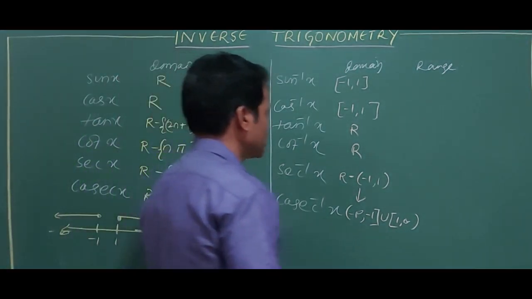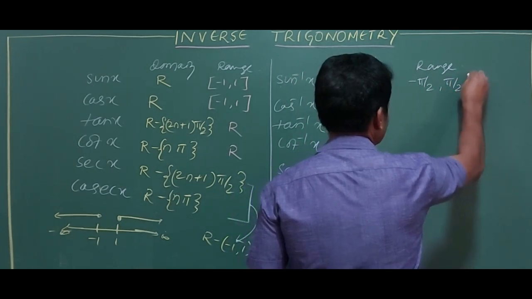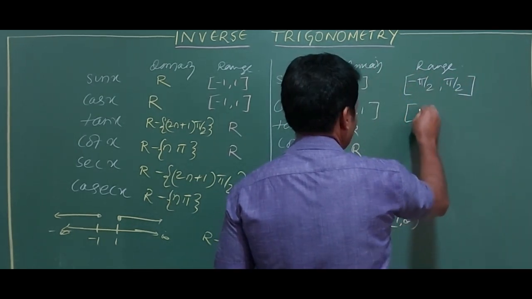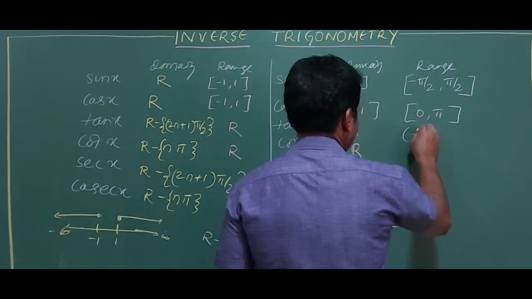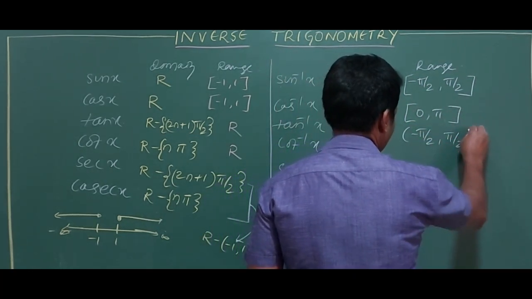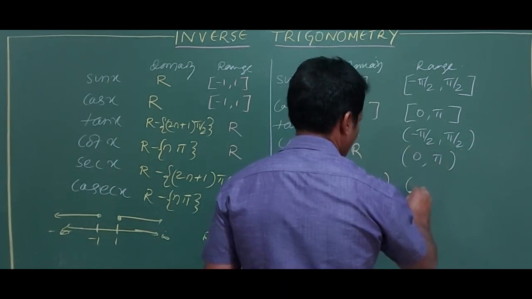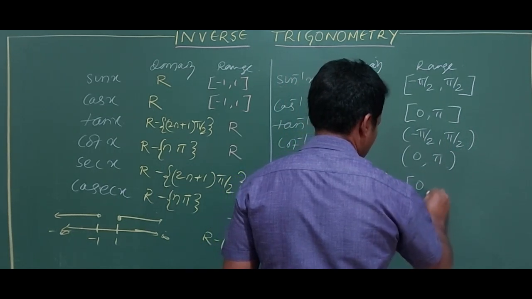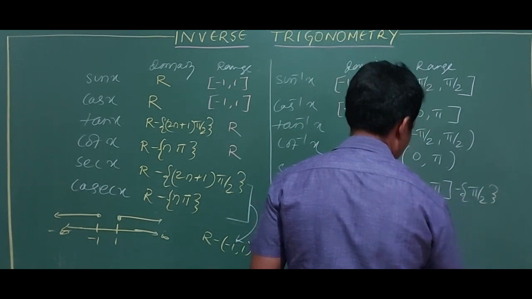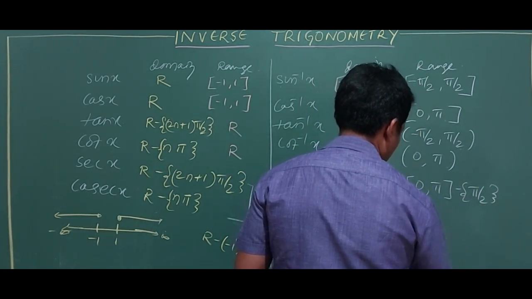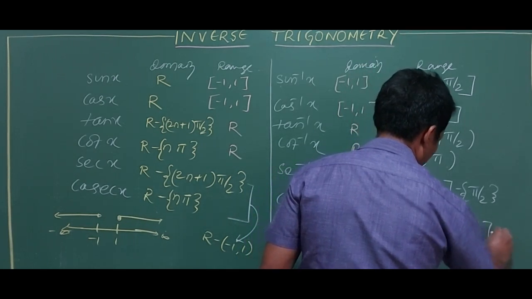If I write the range here: minus pi by 2 to pi by 2, 0 to pi, minus pi by 2 to pi by 2. See that there is a change, open interval, 0 to pi, minus pi by 2 to pi by 2, minus 0.